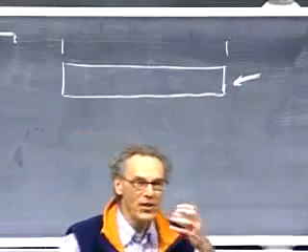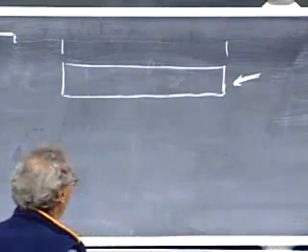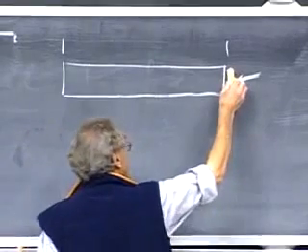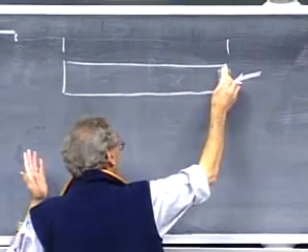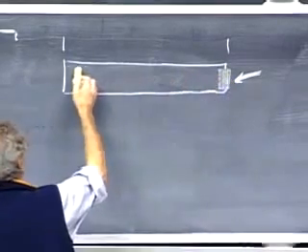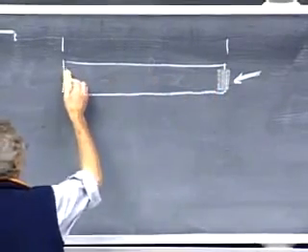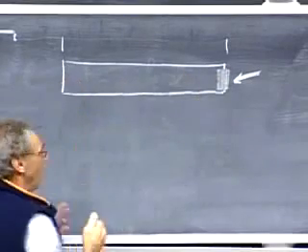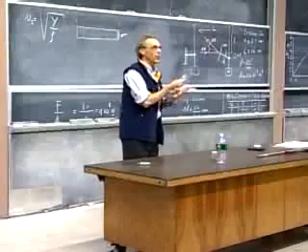But if the bar is not infinitely stiff, if it has a certain amount of elasticity, then I hit it here, and I produce here some kind of local increased pressure, which is going to propagate to this end. It's like a pressure wave, like sound is a pressure wave, and that takes time. And the larger Young's modulus is, the stiffer the material is, the faster that will go.